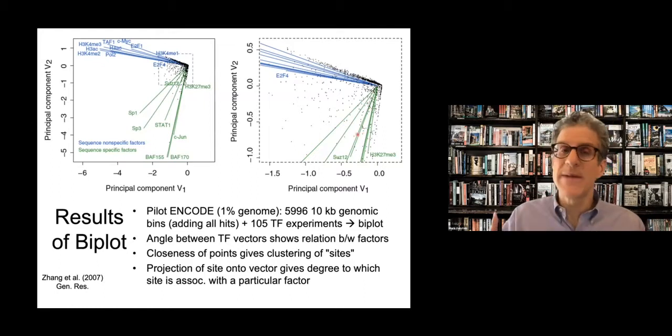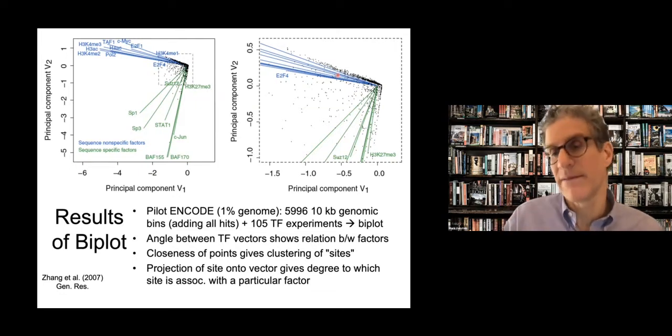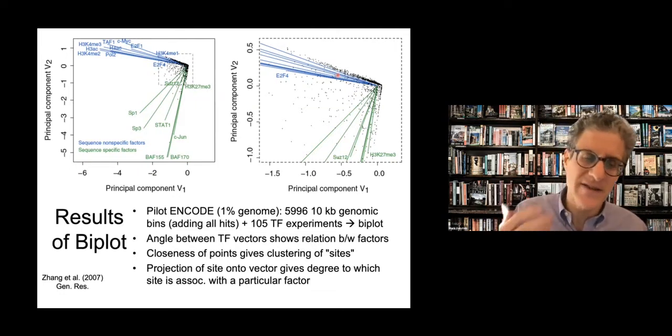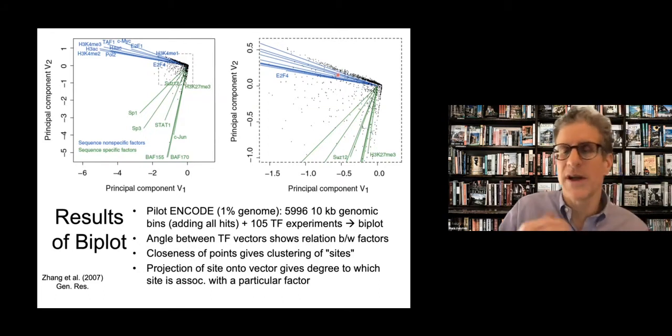So at the same time, we've clustered all our factors, and we've also clustered all our sites in a very nice, principled way, with principal components. I think it's a very cool use of this technique, and again, it's a very well-established technique, this SVD and so forth.